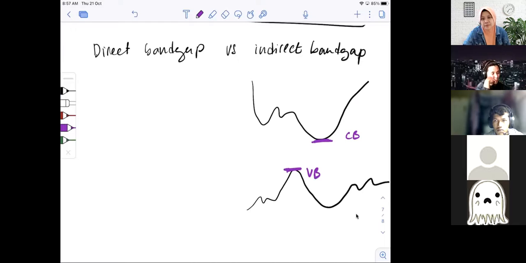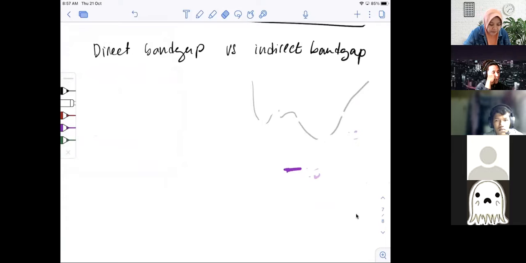So if I ask you to draw the direct and indirect band gap, it looks like this. This is the simplified version.